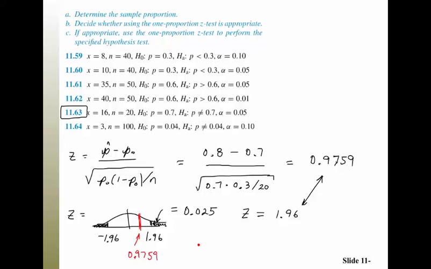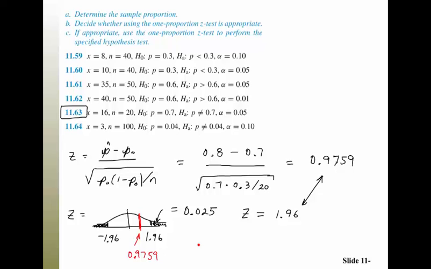So do we have evidence or don't we? We don't have evidence that the population proportion is something other than 70%, 0.7.